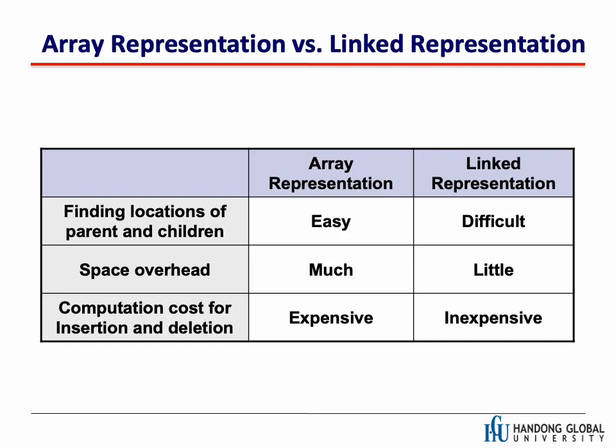For example, if the index of the node is 7, then the parent of that node is at 3, right? And the left child of that node is at 14, and the right child is at 15, if any. So it's easy. Given a node, we can find the parent, left child and right child so easily. But with the linked representation, it is a little complicated. Given a node, the left child is easy to find and the right child is easy to find.